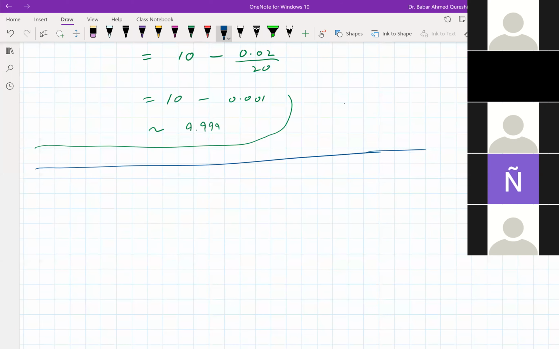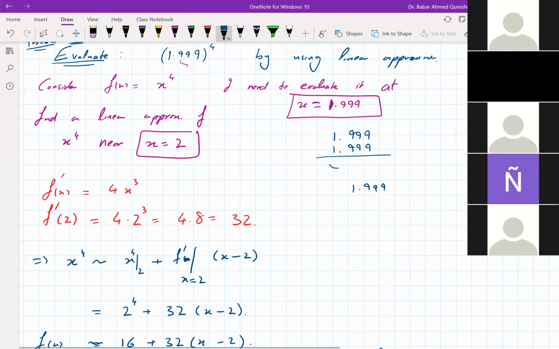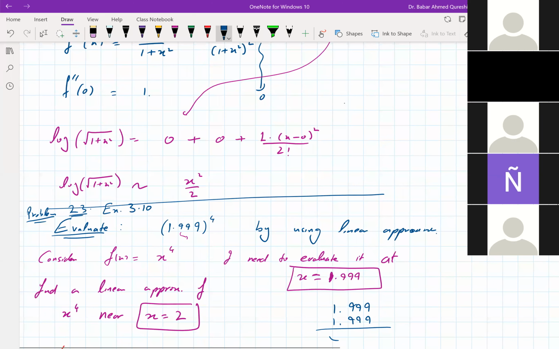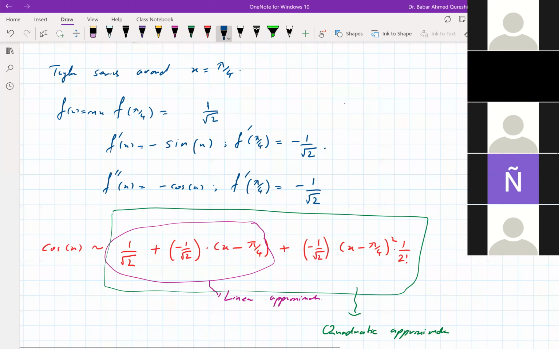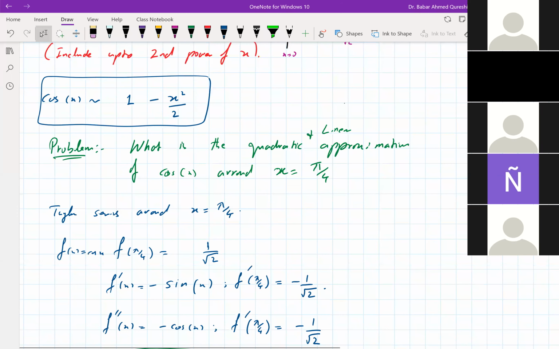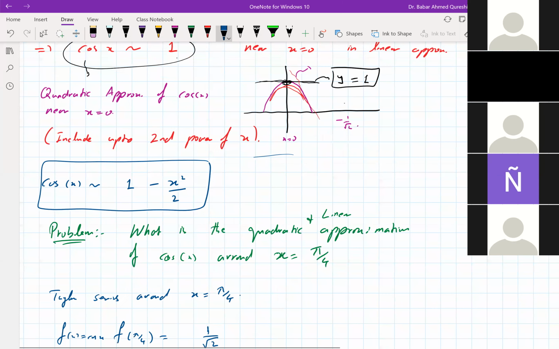I just did this cosine at x equal to 45.